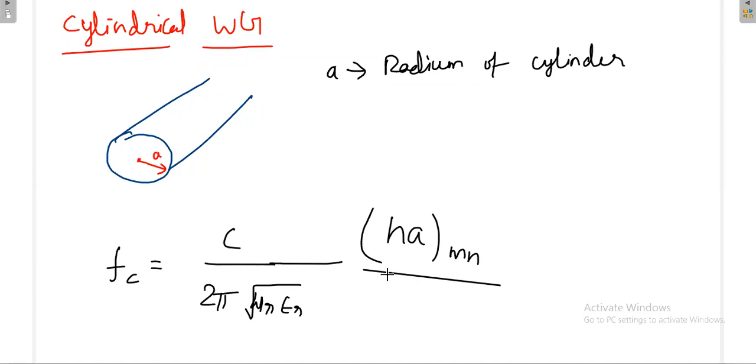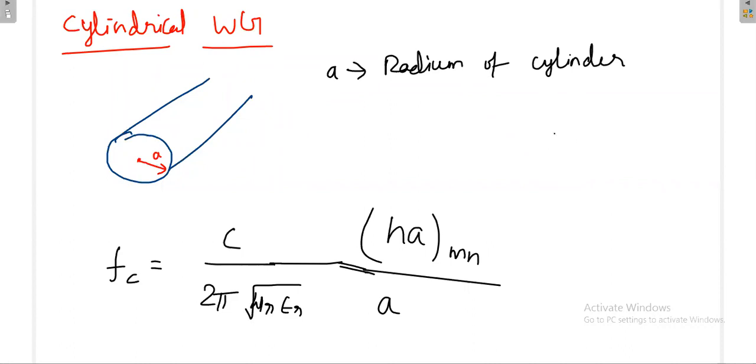You do not know this value. It has to be computed from the table, or you have to remember it. The value of ha will be different for different m and n. Then ha mn divided by a, where a means the dimension of the circular waveguide, that is, the radius of the waveguide.